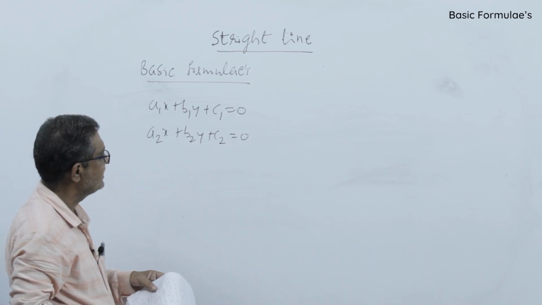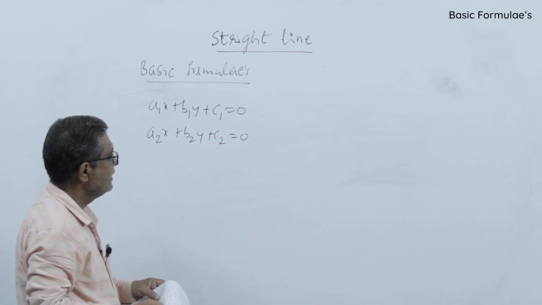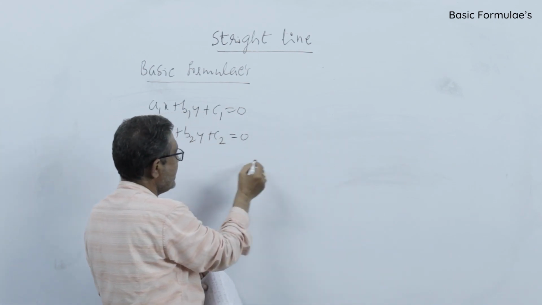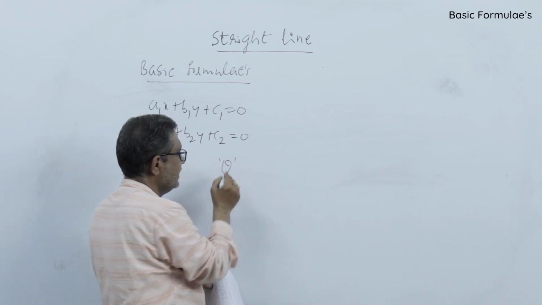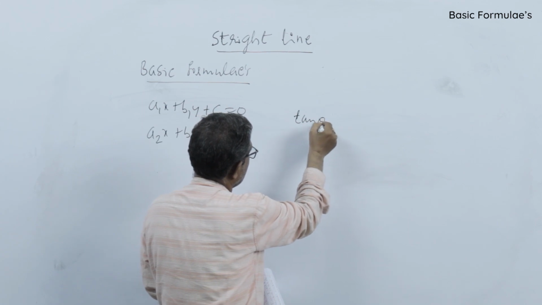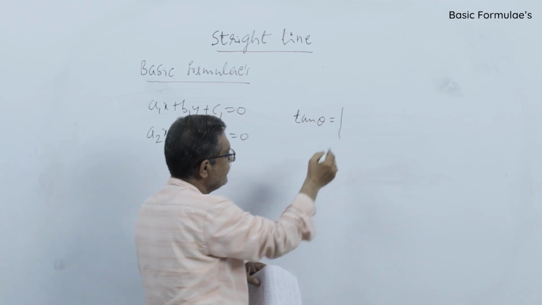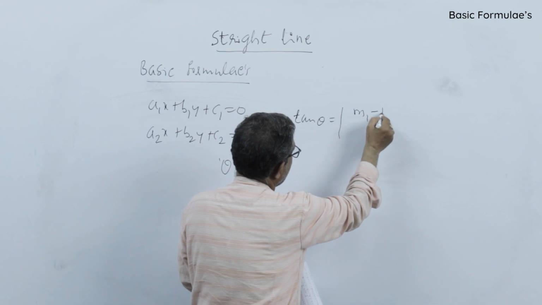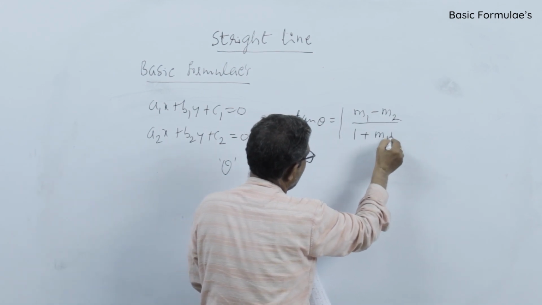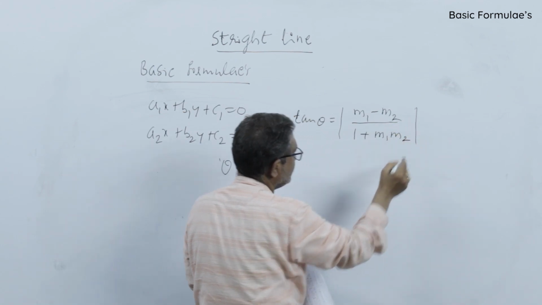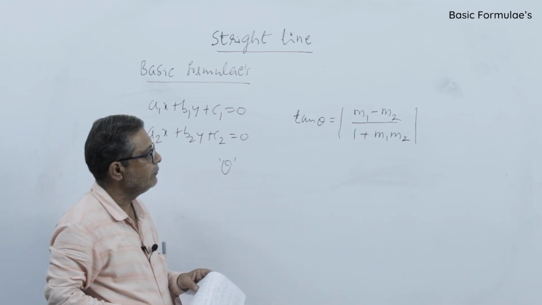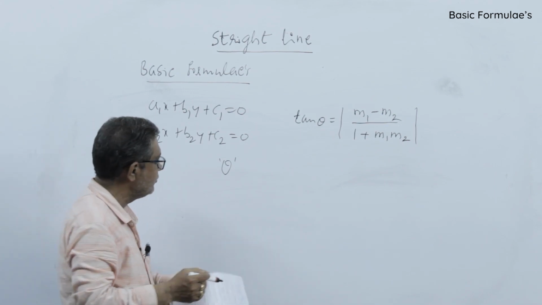Two equations of straight lines. Then if theta is the angle between the two lines, tan theta equals modulus of m1 minus m2 divided by 1 plus m1 m2.